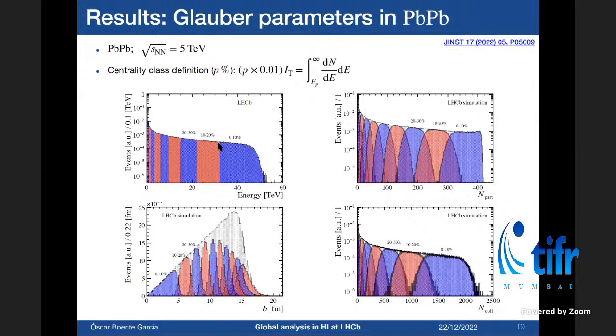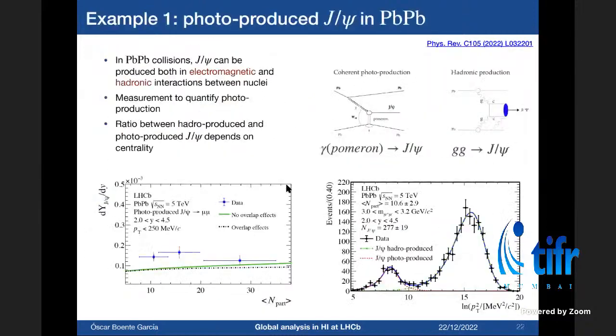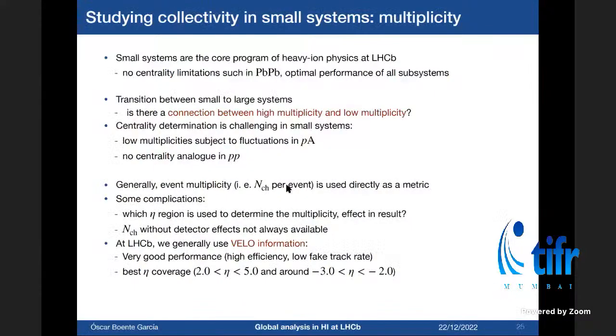So experimentally, you define it only through the multiplicity, which is purely a measurement. There is no modeling involved, I guess. I mean, this strategy is more or less what I discussed here for small systems, right? So basically, we just take the multiplicity. I think this is valid and this can be done, of course.